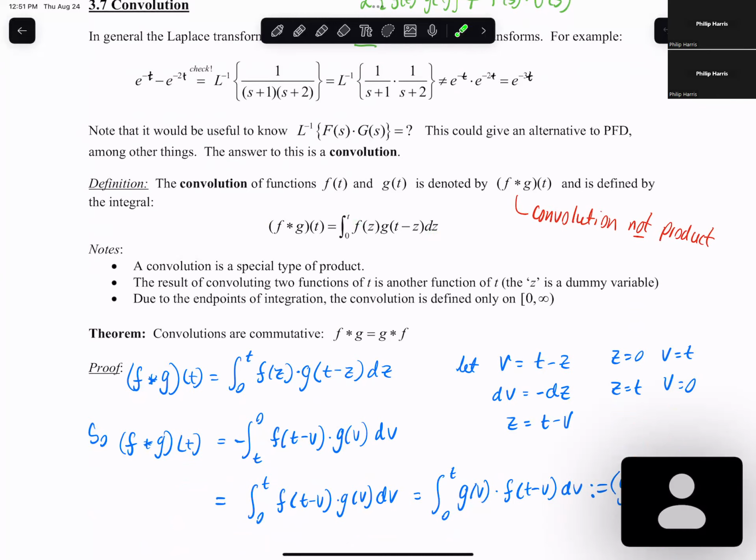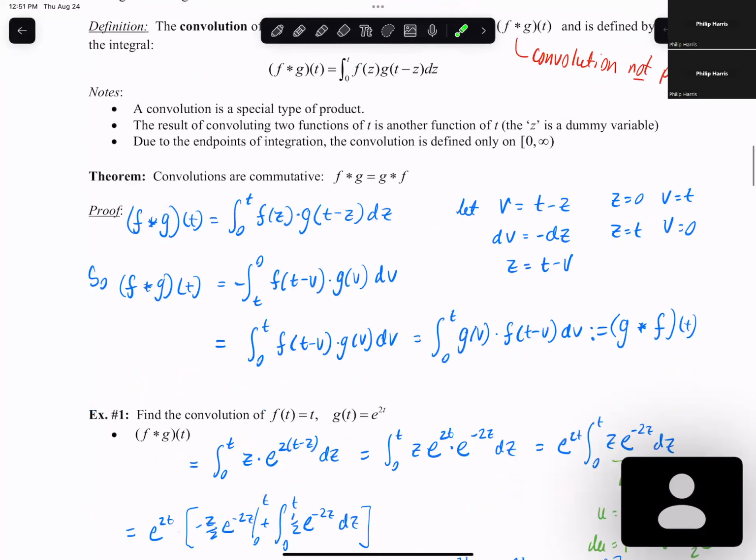So we convolute f of t and g of t and get a function of t as well. Due to the endpoints of the integration going from 0 to t, a convolution is only defined on the interval from 0 to plus infinity. So this is sort of a domain issue.